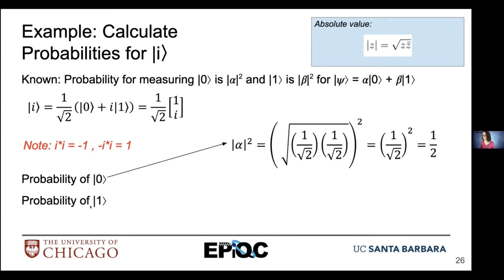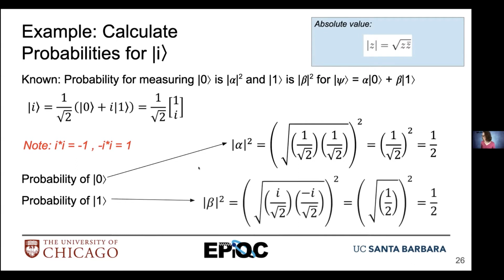Now let's check out the probability of ket 1. Here's where it gets a little bit trickier, because we have to think about what we do to that imaginary value so that when we use it in our calculation, we can produce a real value from it. So we have the absolute value of beta squared, which for us is going to be i over square root of 2. We want to take the complex conjugate, so negative i over square root of 2.